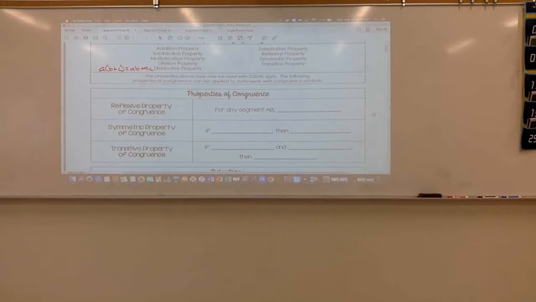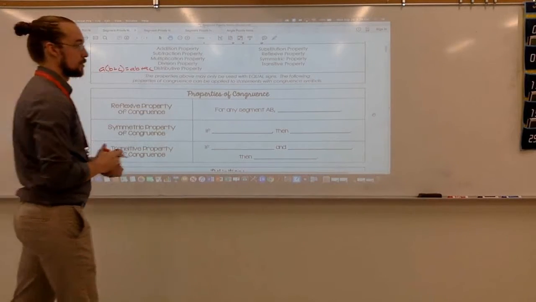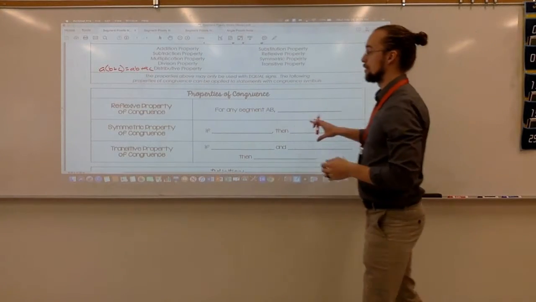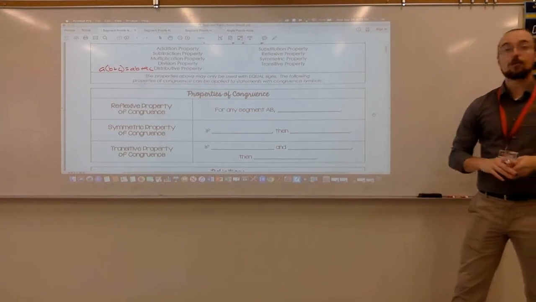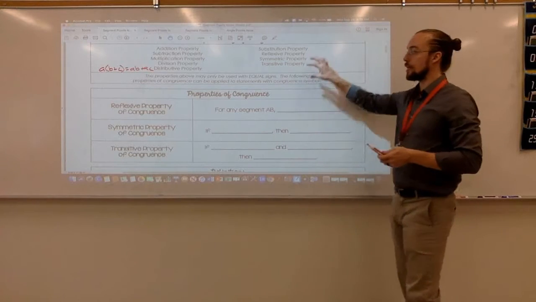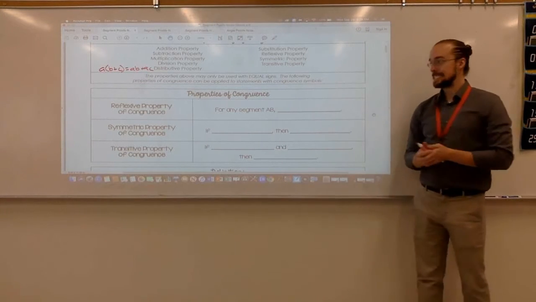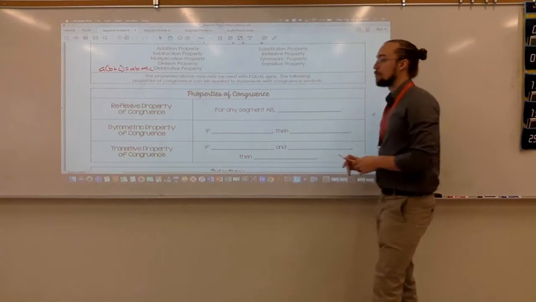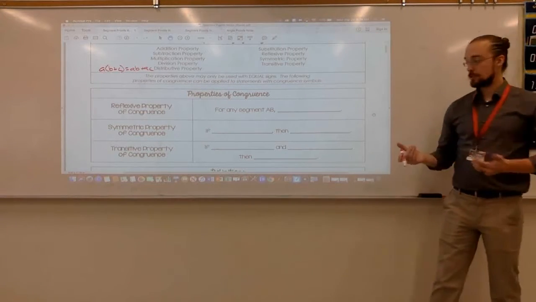And transitive, if two things are equal to the same thing, they're equal to each other. So we talked about all those before, and we're still going to use all of those. Having that other reference sheet that we used when we did algebraic proofs would be a good idea.